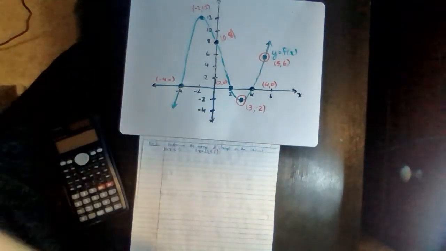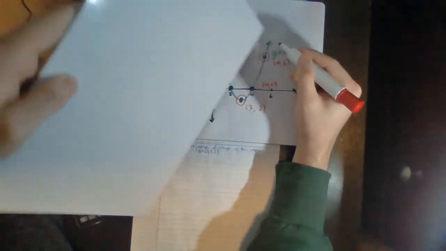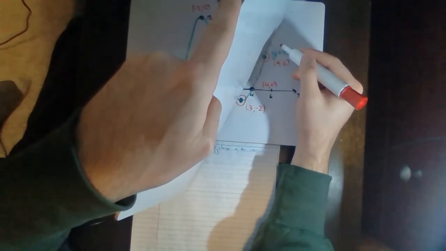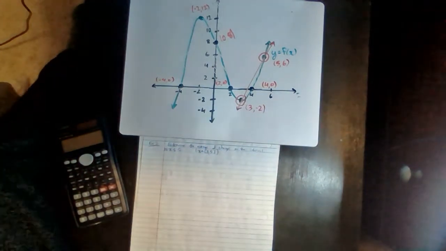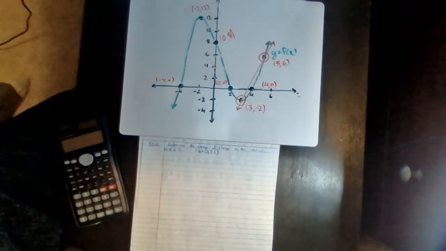We're going to use our handy ruler here. We're going to draw a secant line, so a straight line from those 2 points.